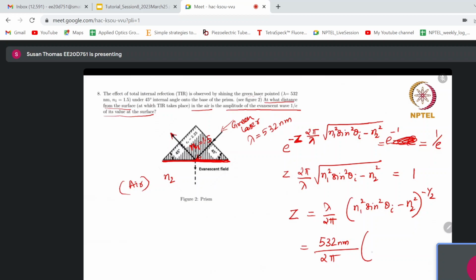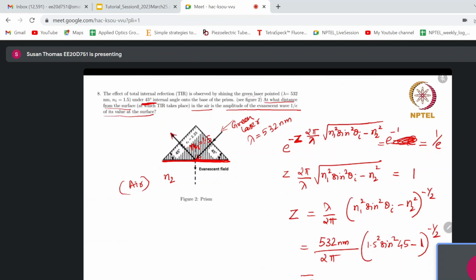Light is shined onto the prism. So N1 is 1.5 square sine square theta I. Theta I we all know, it's given in the question, 45-degree angle to the base of the prism. So sine square 45 minus N2 square, which is 1 square because the second medium is air, the whole raised to minus half.